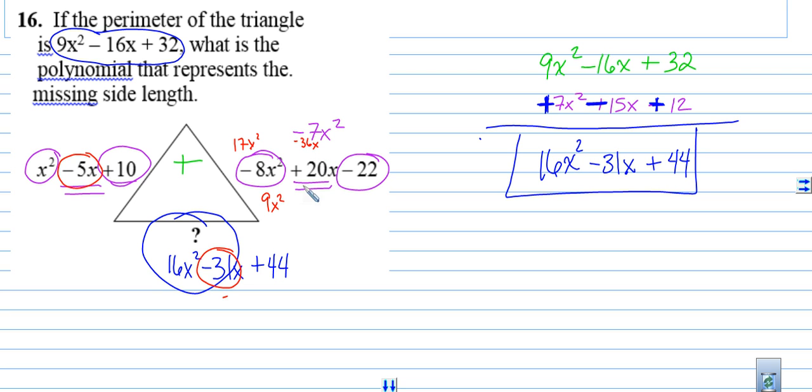Negative 36x plus 20 is negative 16x. Good. Check. And then we have 10 plus 44 is 54. And so we take 54 and we subtract 22 and you get 32 and it's positive. So that gives us our answer. It checks. There we go.